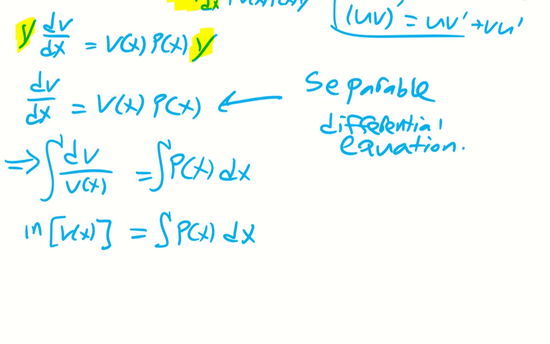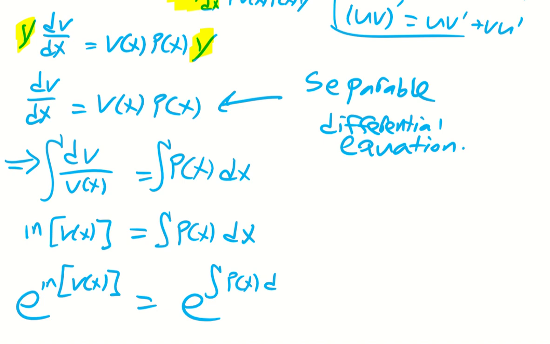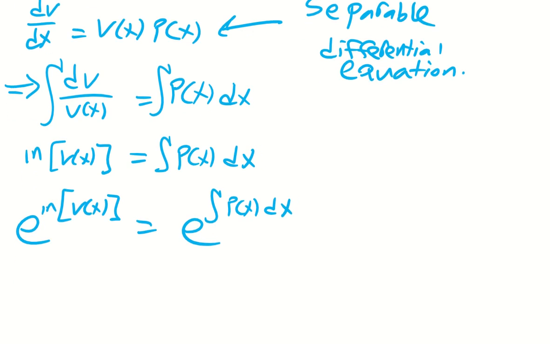We want to solve for v, so we'll say we have e raised to the following power. These, of course, are inverses. So now we have v of x is equal to e raised to the indefinite integral of p of x dx.